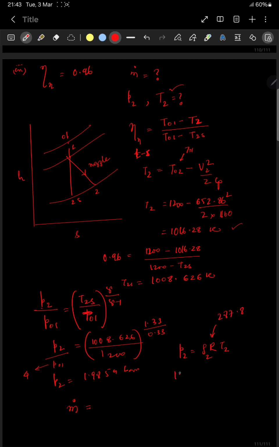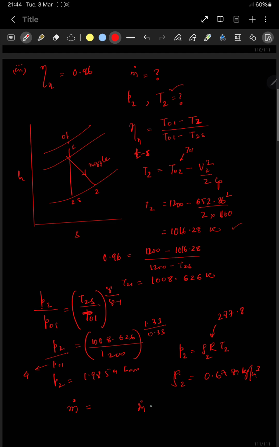So from here we can directly find out rho 2 is equal to 0.6789 kg per meter cube.